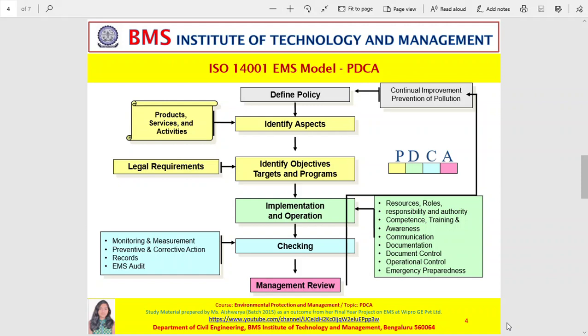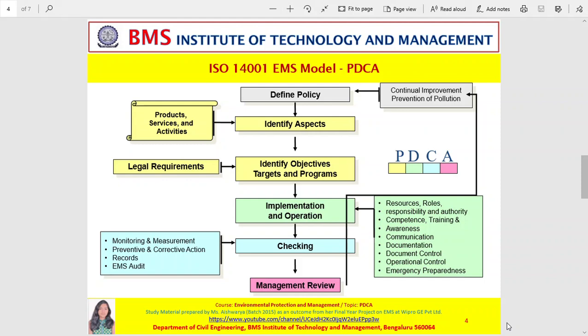For the management review, the internal audits and the evaluation of compliance to the legal and other requirements and the current environmental performance of the industry, along with how the corrective and preventive actions have enhanced the efficiency of the EMS, basically help assess how successful the EMS has been in reducing the environmental concerns of the industry.